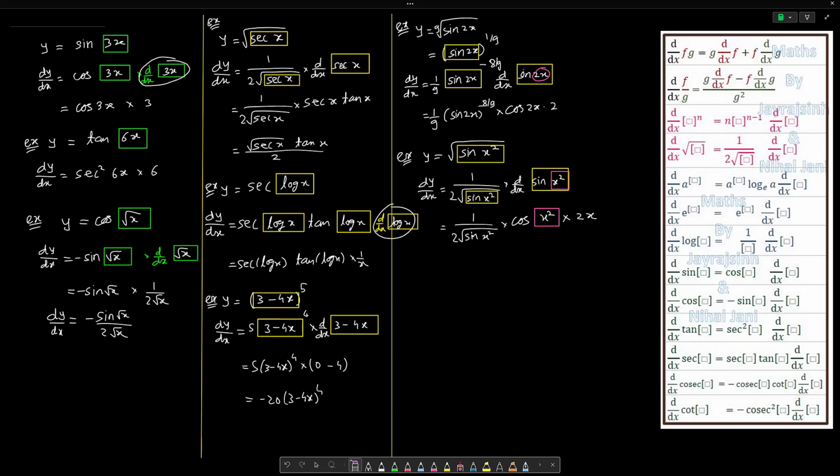Simple. For further simplification we'll get x cos x square upon root sin x. Okay, let's go to the next one.